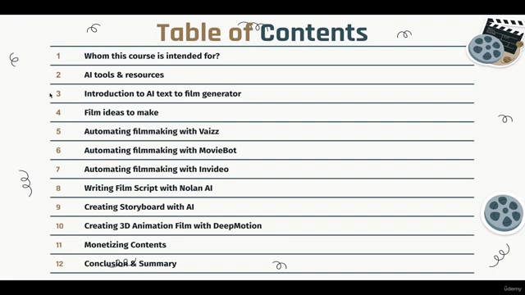Okay, so let's move on to the next chapter, chapter 3, introduction to AI text-to-film generators. So I think this concept, this technology is very new, right? So I'm pretty sure the vast majority of you guys are not really familiar with this technology. So make sure that you stay in chapter 3 and pay very close attention, because you're going to learn a lot. Okay, so we're going to talk about the main use cases, capabilities, and limitations of AI text-to-film generators that you should be aware of, right?